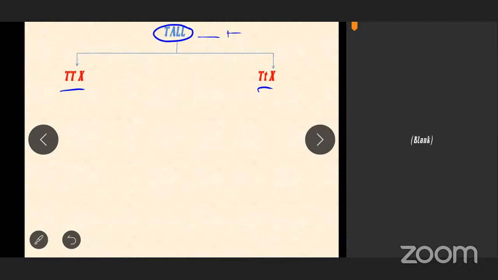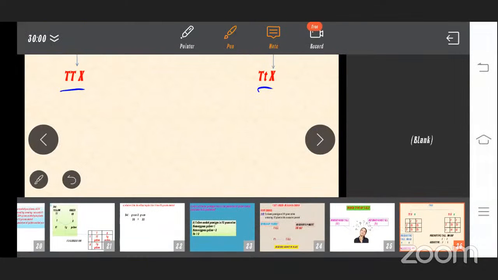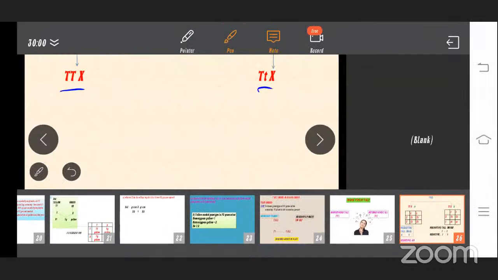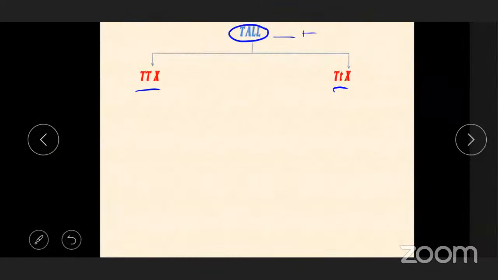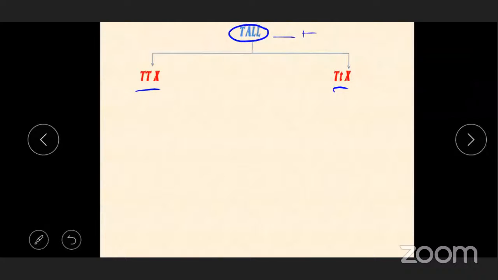Now, first, what happens if this tall is homozygous and crossed with the recessive parent, small t small t? And what happens if this tall is heterozygous and crossed with the recessive parent?